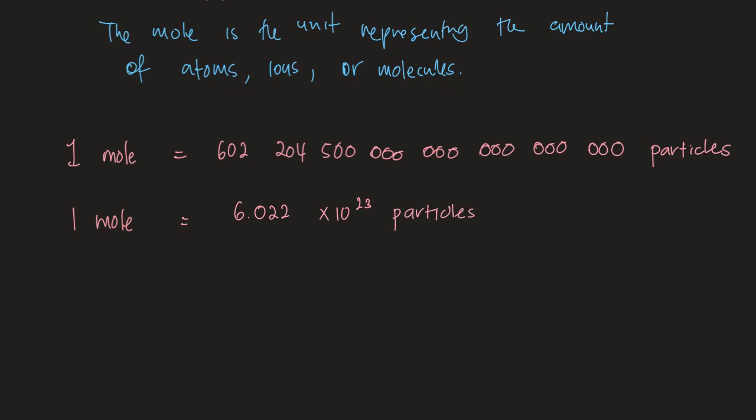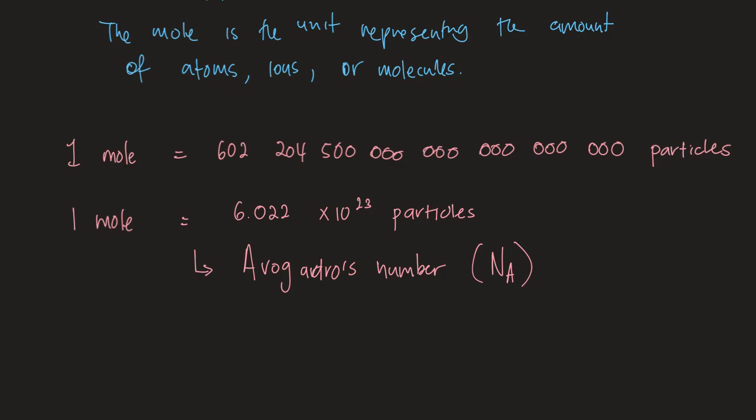So if I had 1 mole of any kind of substance, I would have 6.022 times 10 to the power of 23 particles. We call this Avogadro's number, and the symbol we use for it is Na. I want you to imagine just how insanely large this number is.